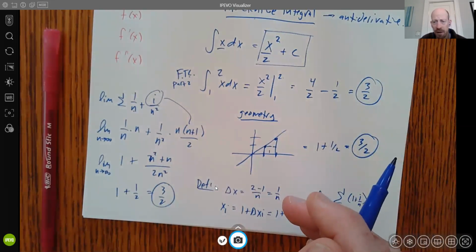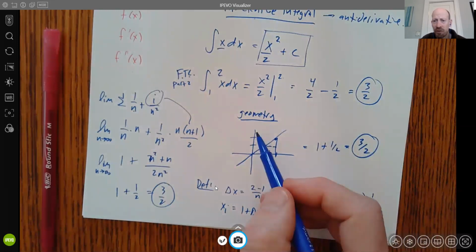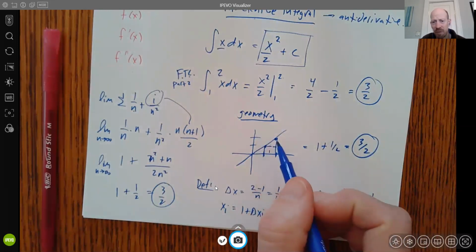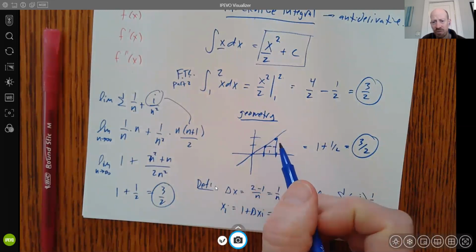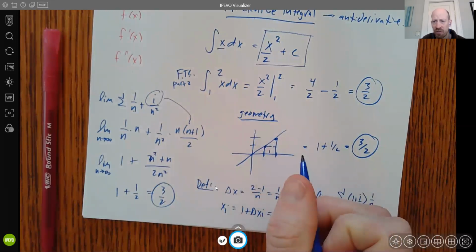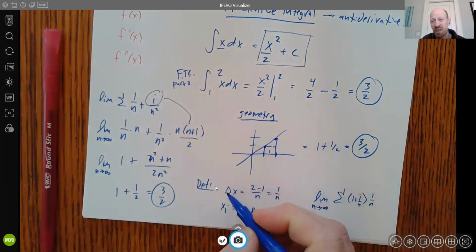They always will be. However, geometry is very limited, right? I'm very lucky if I can do triangles and circles. And the definition is also pretty limited. We just don't have the algebraic tools to do much more than x cubed polynomial.